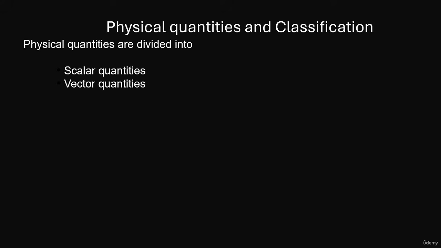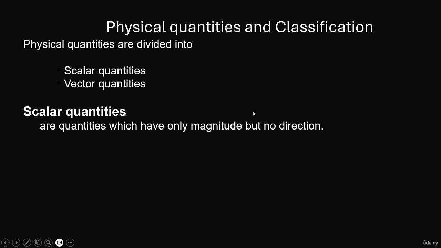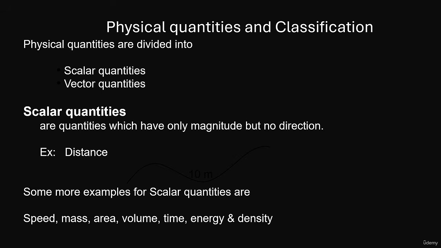The quantities which have only magnitude, a value with units adjacent to it, we call scalar. Examples of scalar quantities are length, area, mass, time, energy, density, etc. These are examples of scalar quantities. They have no direction at all.